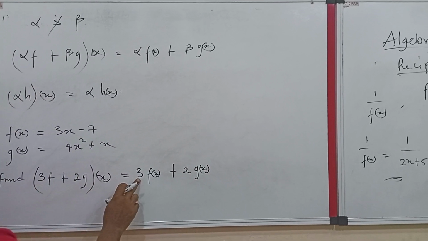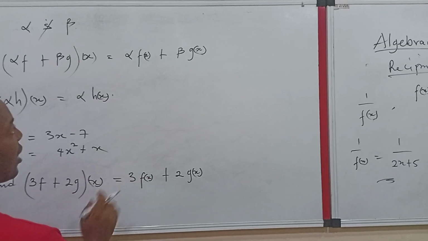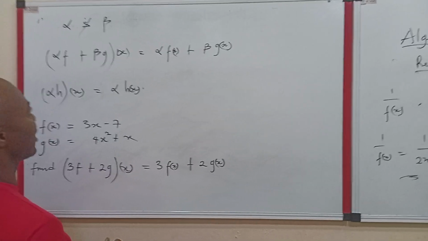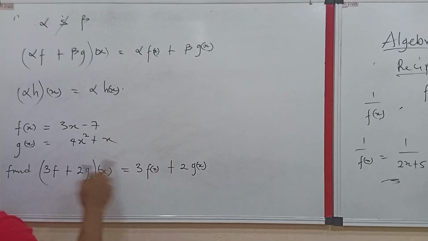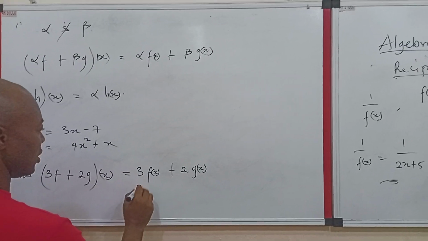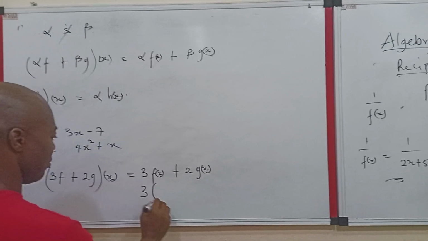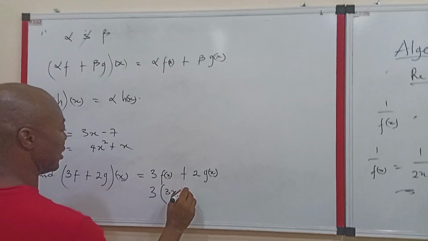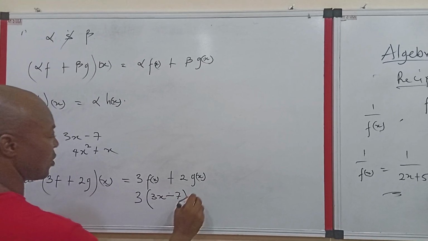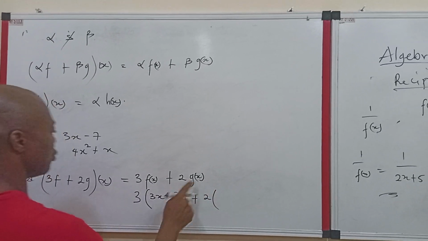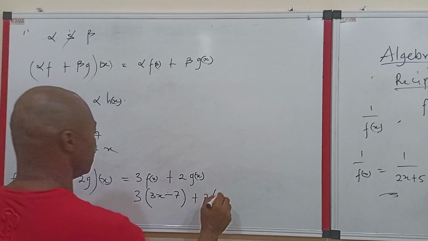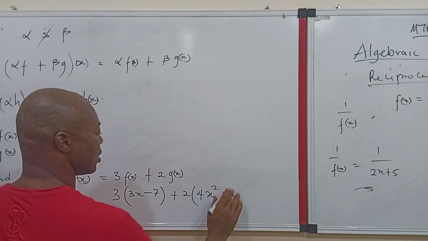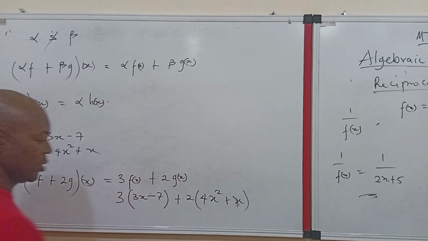So 3 will be multiplying the function f of x, and 2 will be multiplying the function g of x. We have 3 multiplying 3x minus 7, plus 2 multiplying 4x squared plus x.